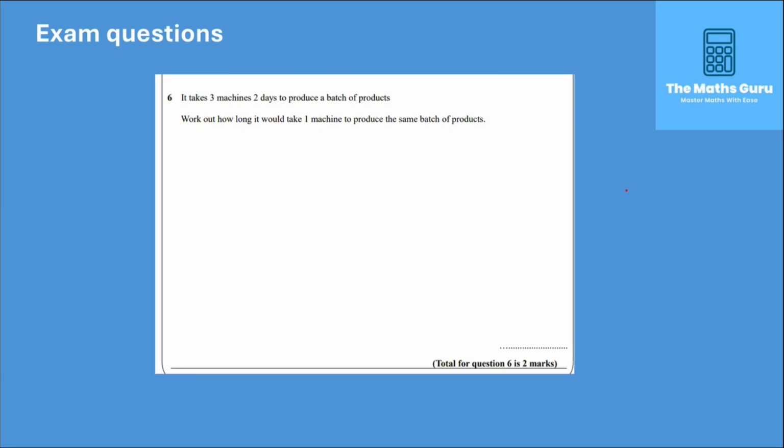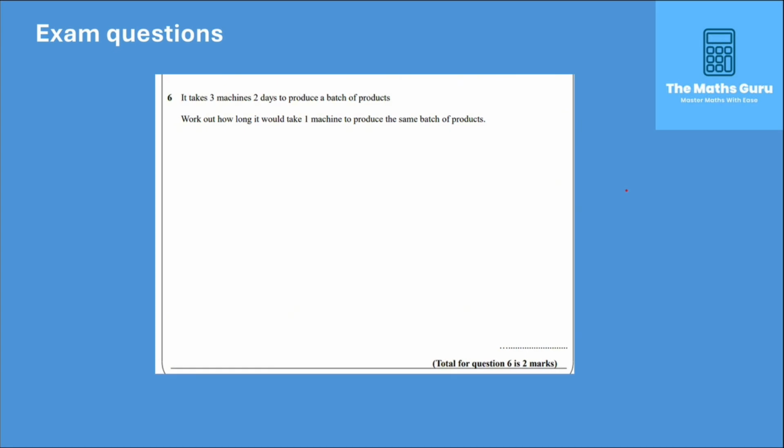Okay, before getting into this question, we'd have to understand that the more machines that you have, it's true that they're going to take less time to produce the same amount of products.